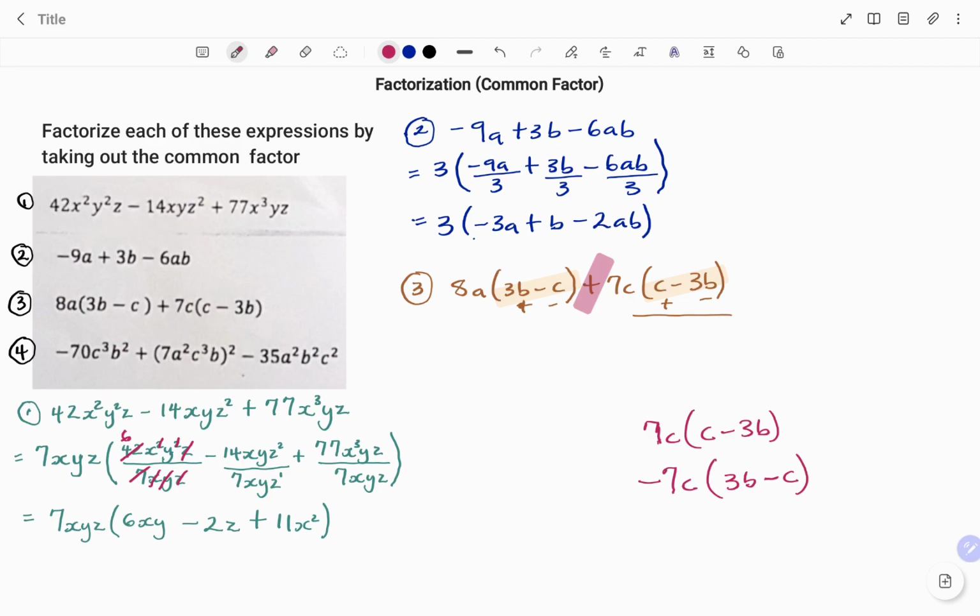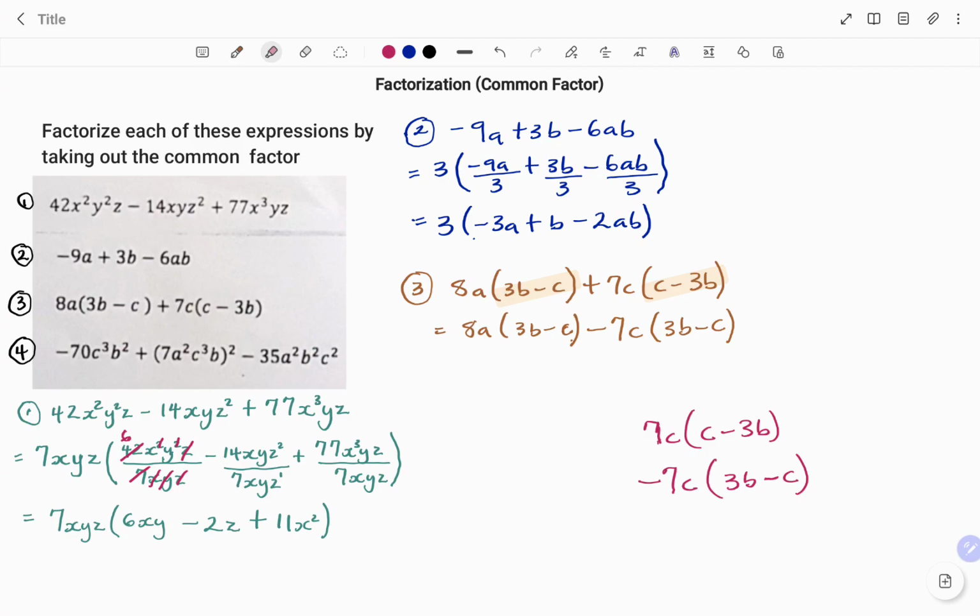So going back to the question, I have a(3b - c). If I take out -1, I have -7c, the sign changes, and the content of the bracket changes. The signs are swapped.